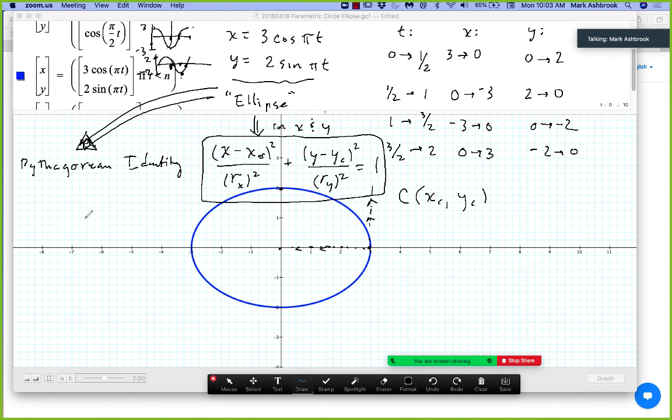We know it's sine squared plus cosine squared equals 1, but sine of what now? Sine of pi t, squared, plus cosine of pi t, squared, equals 1.